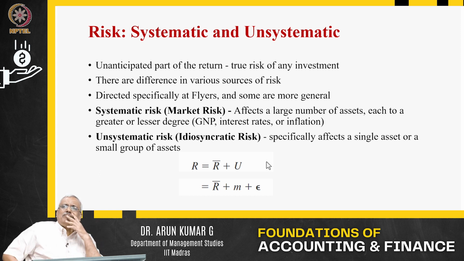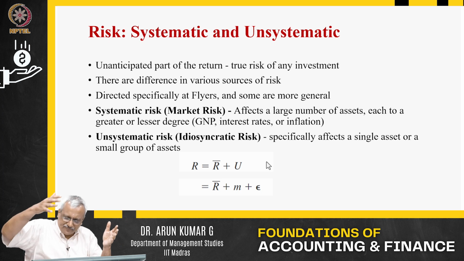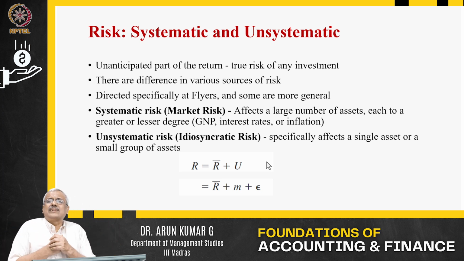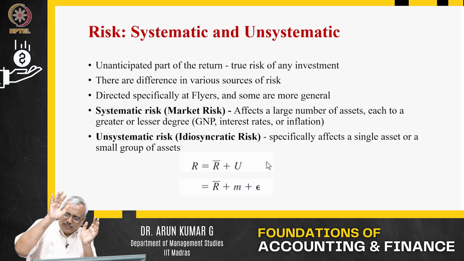For example, macroeconomic factors like GNP, interest rate, inflation are going to affect a large set of stocks in the same direction. Please note, in the same direction. The direction is not going to change. Systematic risk cannot be diversified.